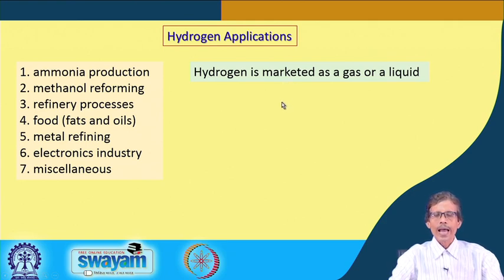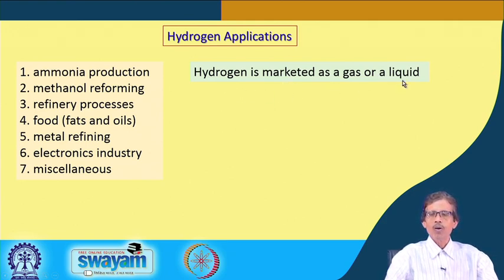So, we can have hydrogen in the market as a gas or a liquid, as hydrogen in a cylinder or as a direct supply from the source where hydrogen is produced as a gas. Either it is liquefied or we can directly use it as gas. For hydrogenation reactions, sometimes these reactions take place at a higher partial pressure of hydrogen compared to atmospheric pressure, in the presence of a catalyst, say Raney nickel.